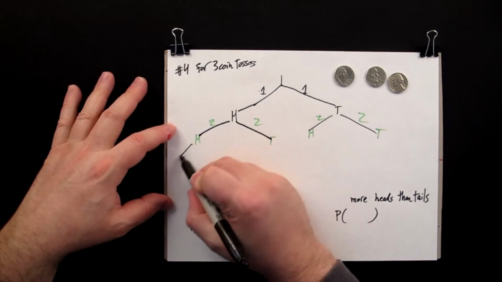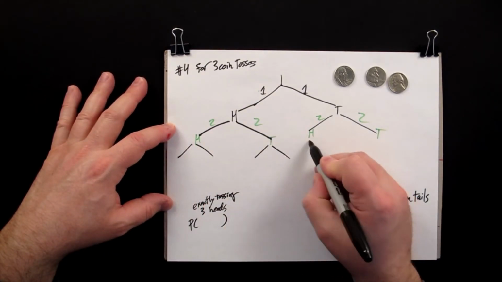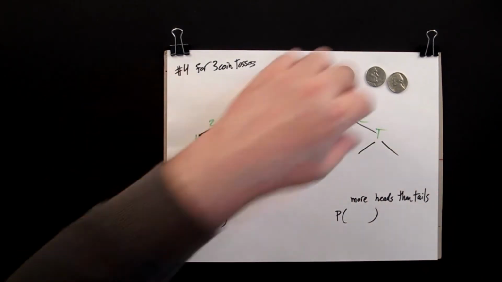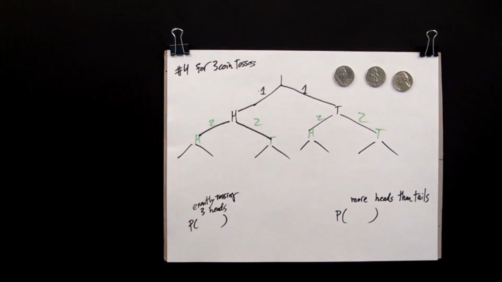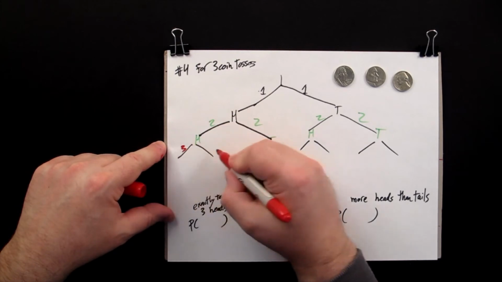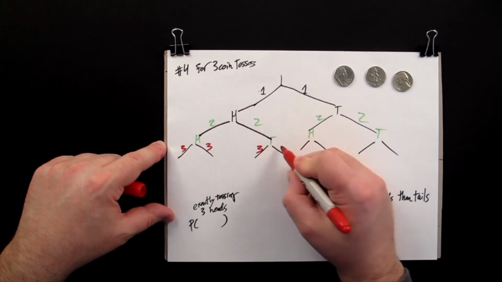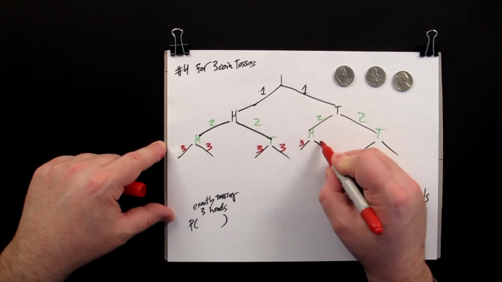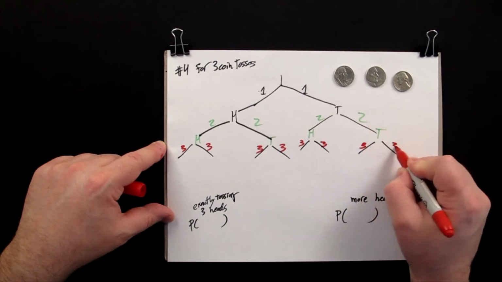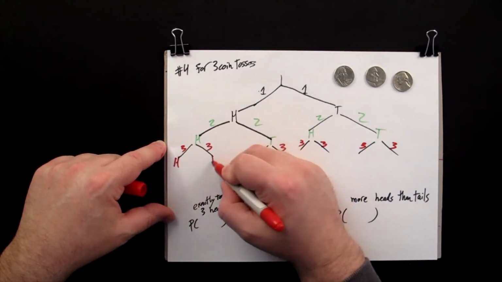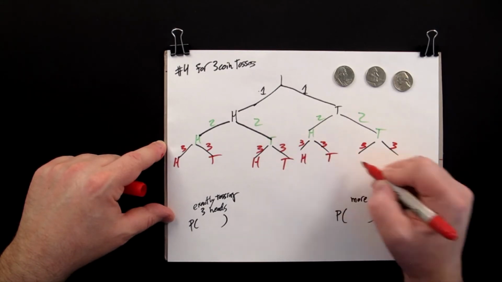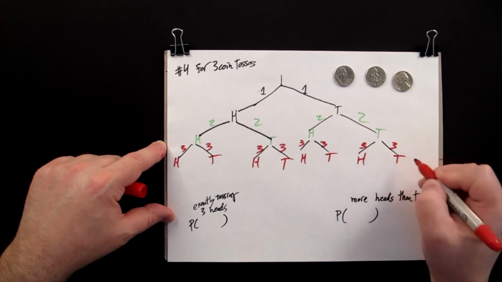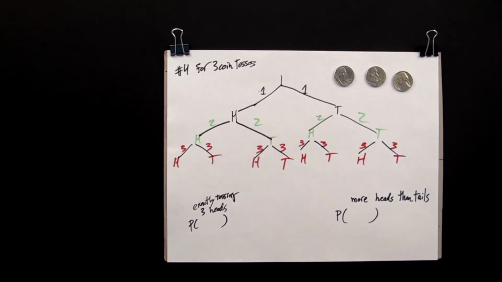Then we can have the toss on 3, the third coin, result in heads or tails. Heads, tails. And again, each of these tosses is independent of the others.